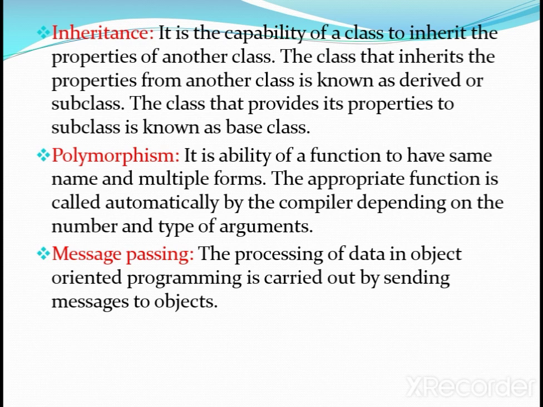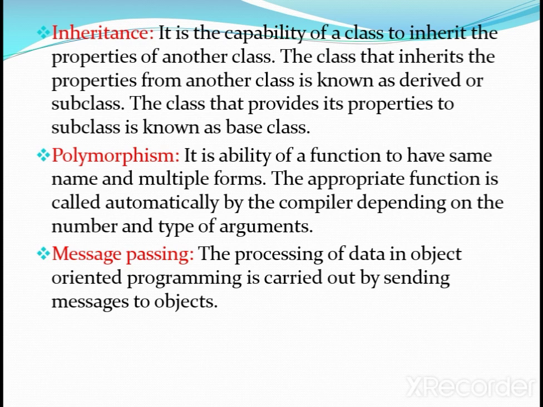Next, we studied inheritance. It is the capability of a class to inherit the properties of another class. The class that inherits the properties from another class is known as a derived class or subclass, and the class that provides its properties to the subclass is known as a base class. Polymorphism.